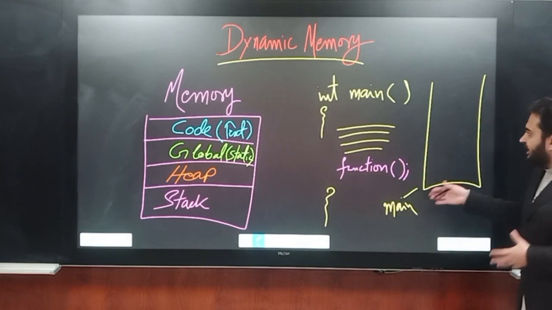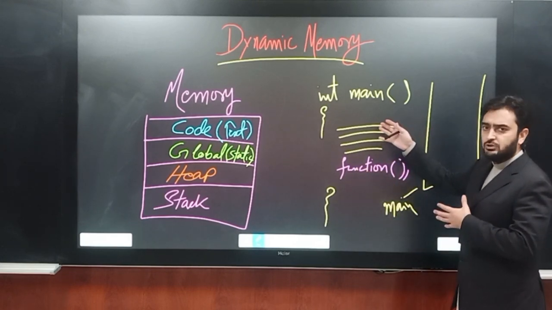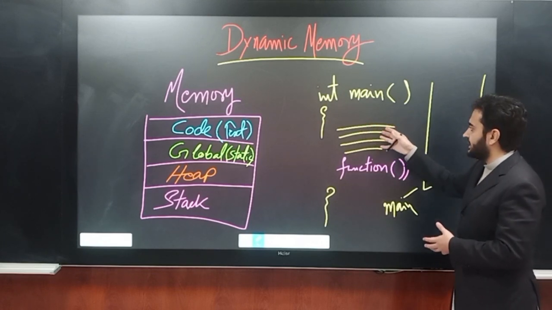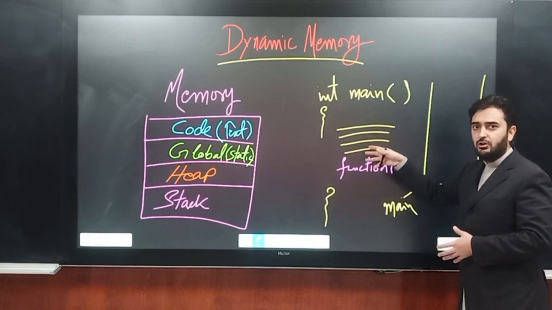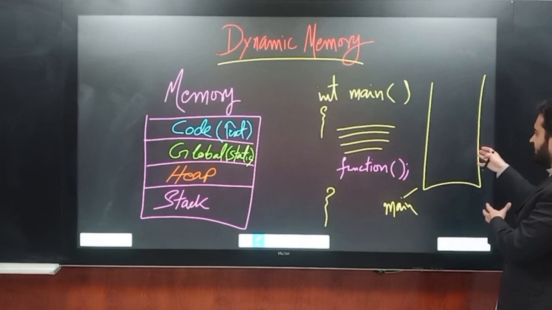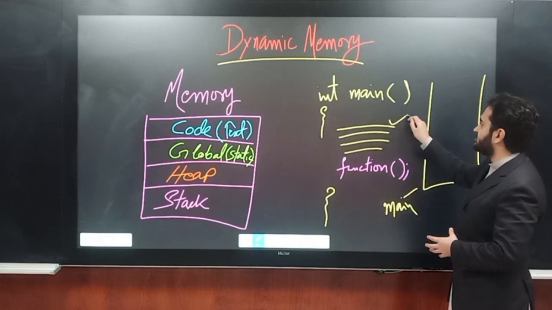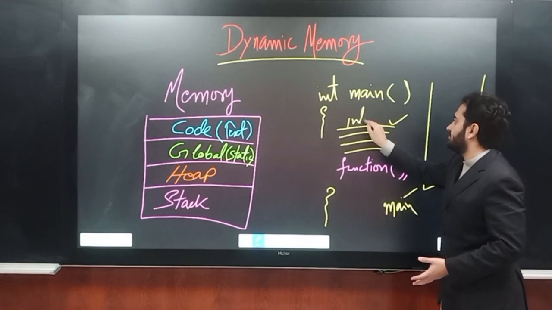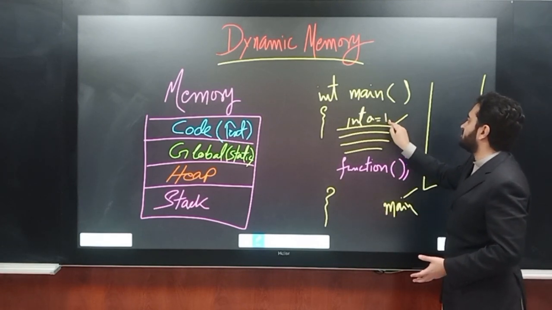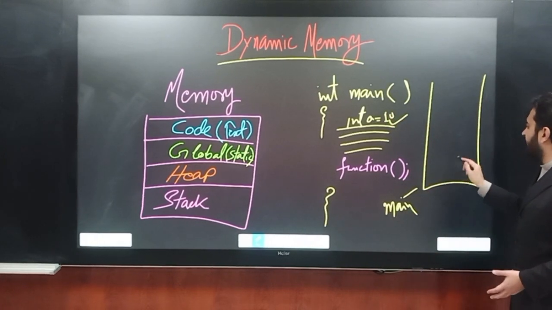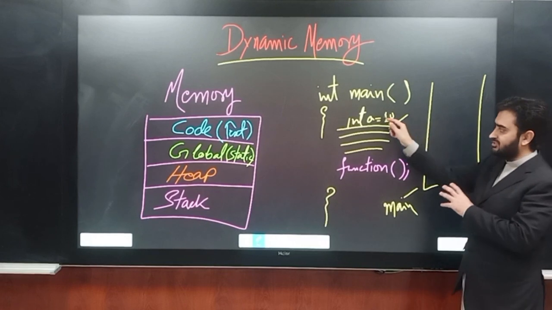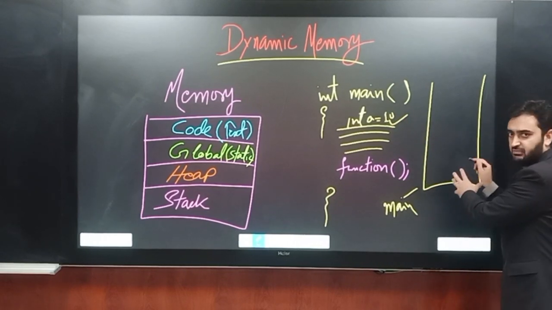Okay, for example, if we have declaration of variables inside the main, all those declarations and initializations will be saved in the stack. So if in the first statement we have the declaration int a = 10, that variable a will be placed and the space for a will be reserved inside the stack.